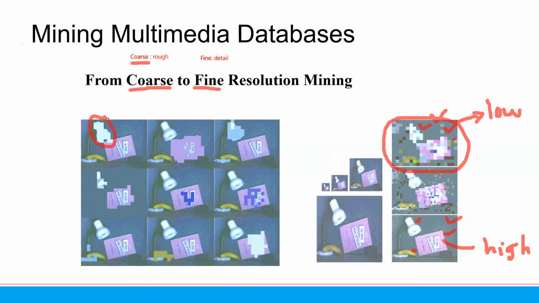So it is difficult to tell what the object is. Or maybe you can see this is the title of the book, but here the title of the book is broken. So this might be a challenge whenever you try to mine from the multimedia database.